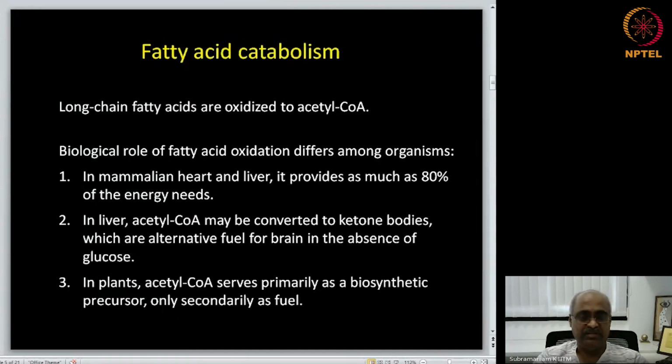breathing as well. And why these ketone bodies are produced is because, if you remember, the brain normally depends on glucose as the source of energy, because only glucose crosses the blood-brain barrier, not fatty acids. So in the absence of glucose, when you're just not eating carbohydrate, then the liver produces ketone bodies which also can cross the blood-brain barrier and become an alternative fuel for the brain.